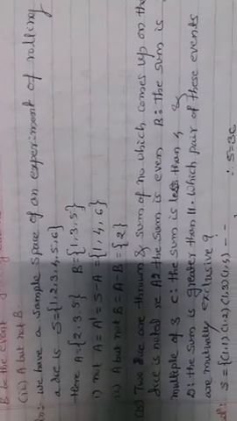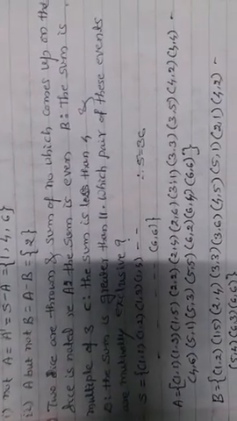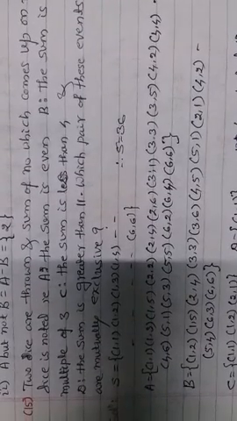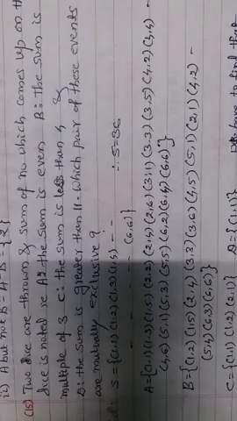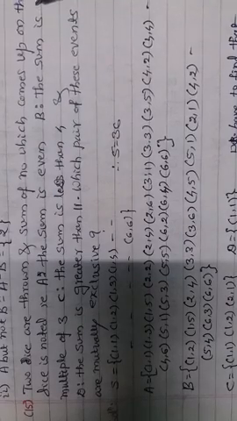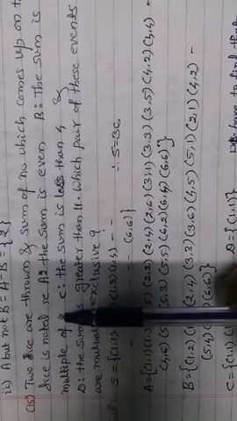Am I right? Next, we shall begin with the 15th question. Two dice are thrown. The sum of the numbers which come up on the dice is noted.